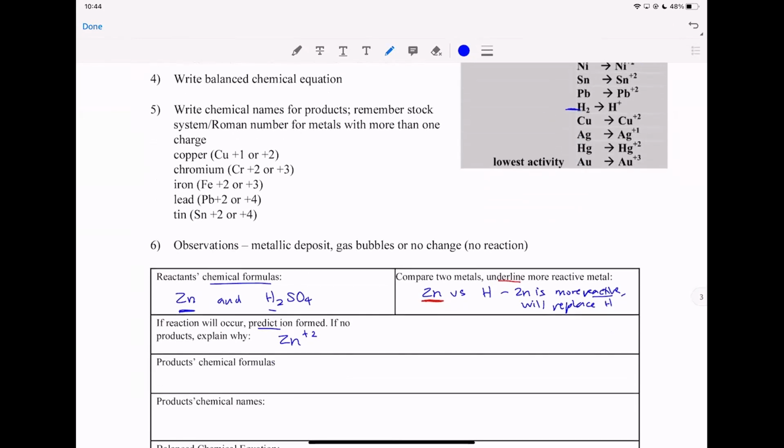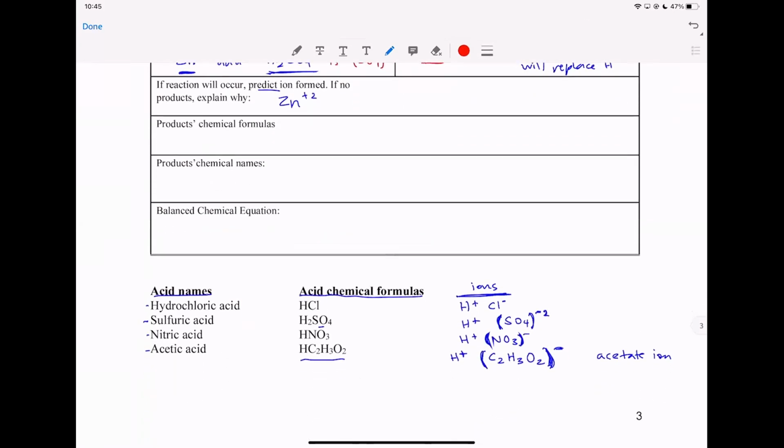Okay. So to figure out the chemical formula, we need the ions for H2SO4. We need the ions for the ionic compound, which are H plus and SO4 minus 2. How do I have those ions? We wrote them here, remember?